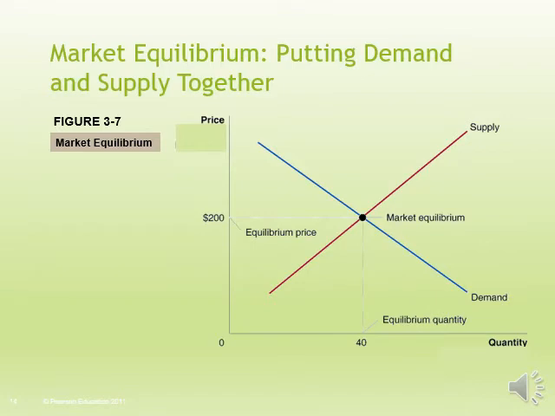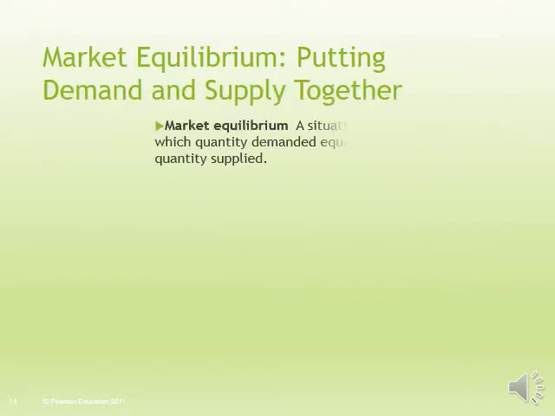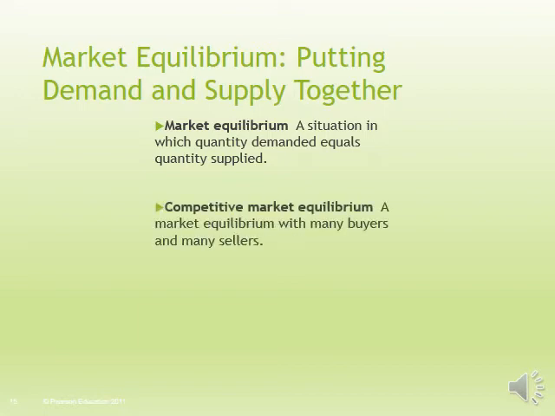And the $200, that's called the equilibrium price, and the 40 kilograms per week, that's the equilibrium quantity. So remember, the market equilibrium is where the quantity demanded equals the quantity supplied, and from that we can determine the equilibrium price.